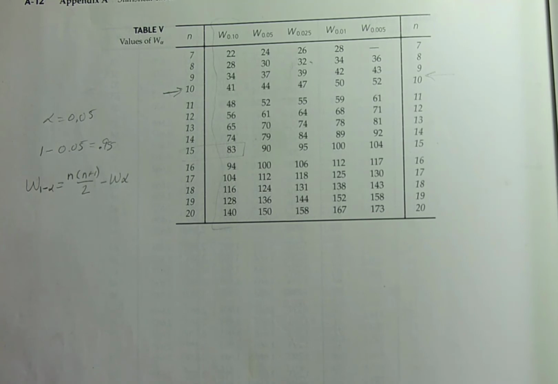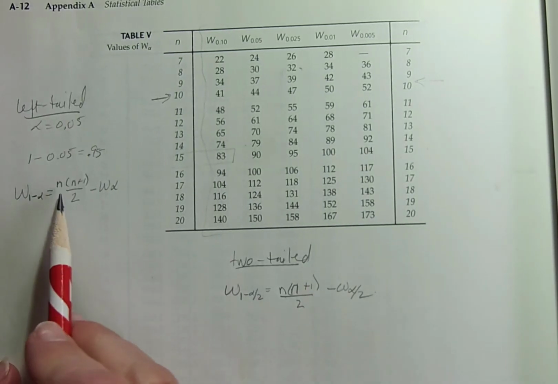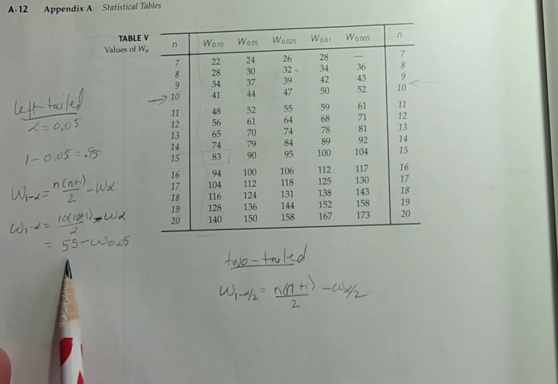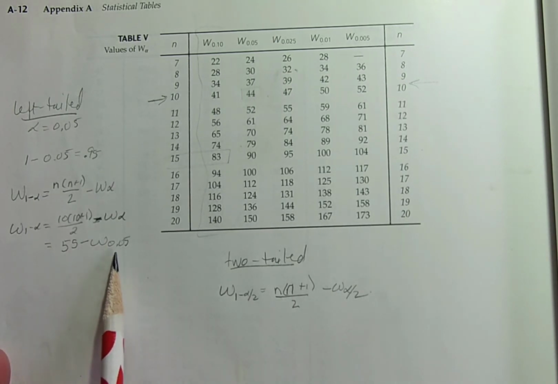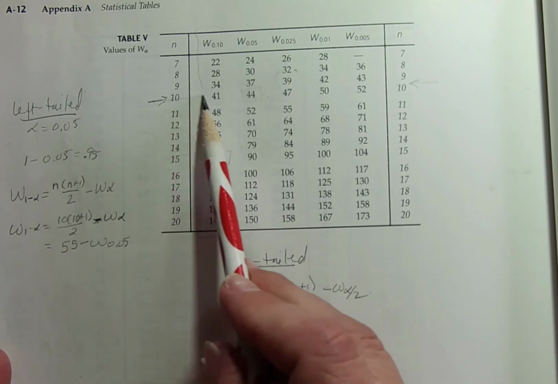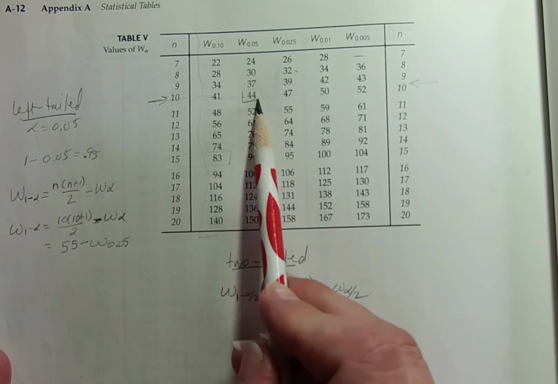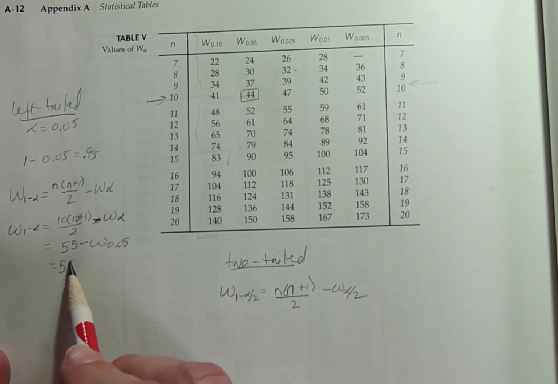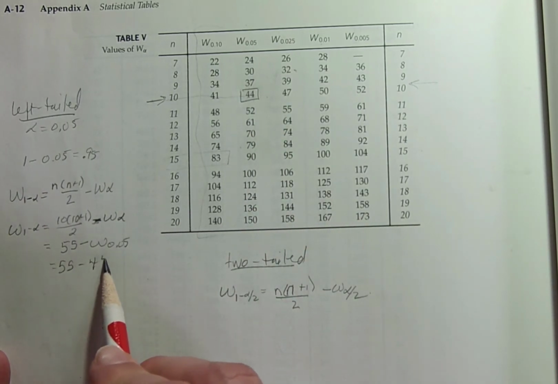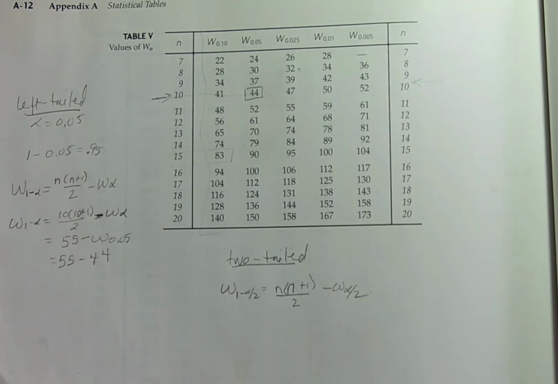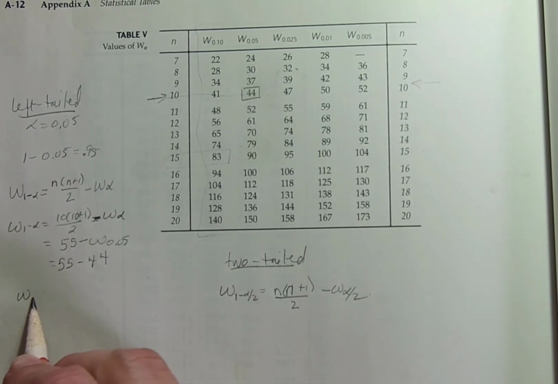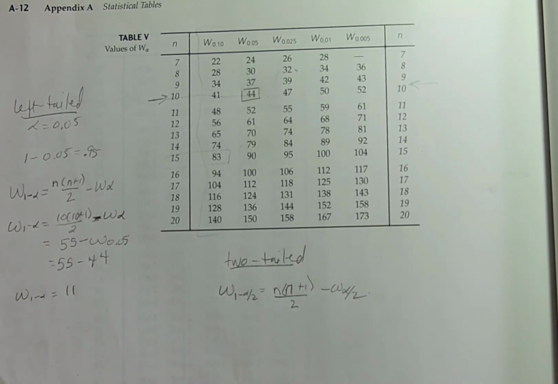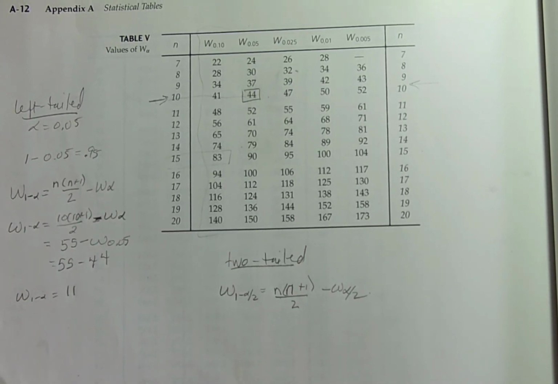For a two-tailed test, so for our sample size, we'd put a 10 in for n. So we'd have 55 minus W of 0.05. Well, sample size of 10, W of 0.05. So I'd say 55 minus 44. So my critical value is 11 for my left-tailed test. So what exactly does that mean?